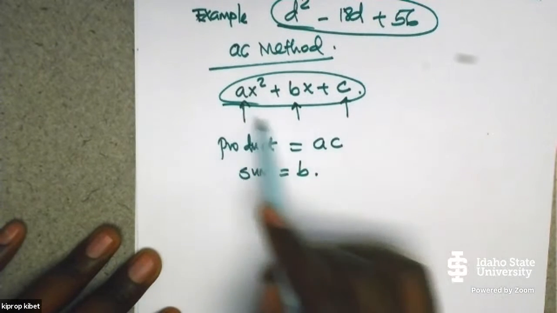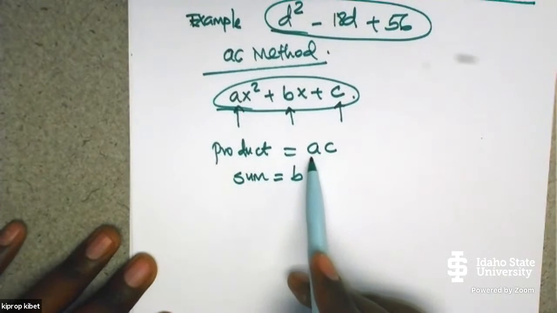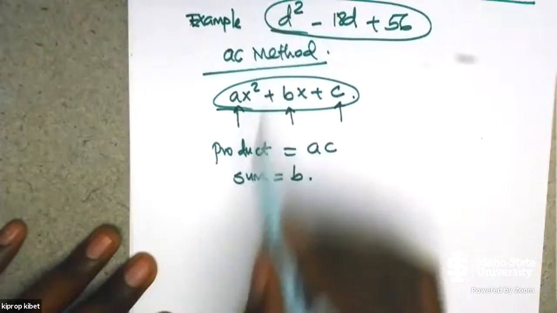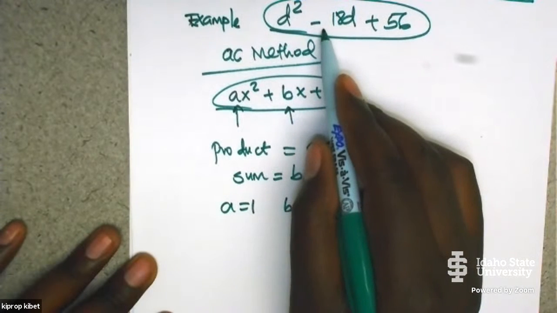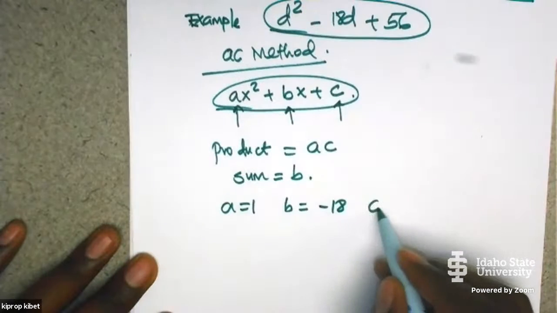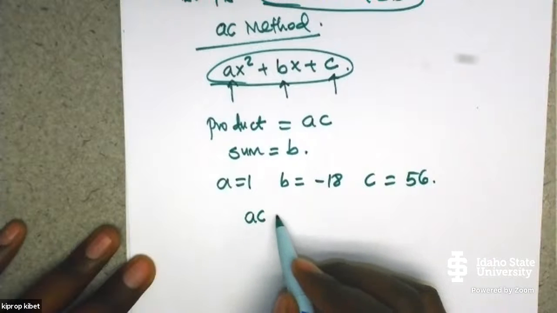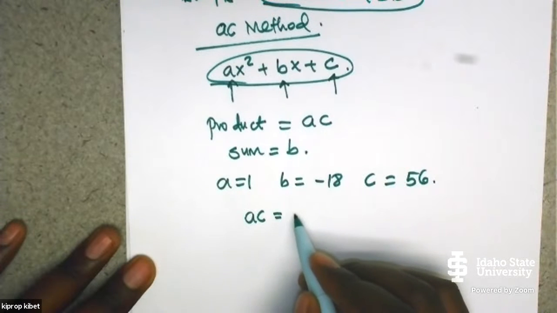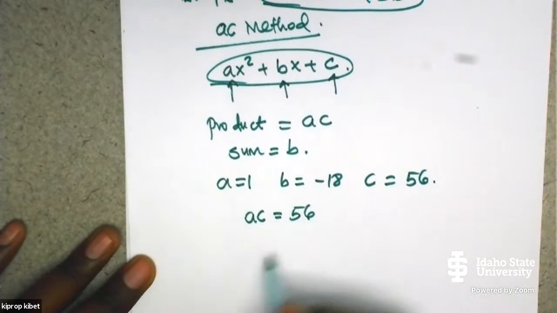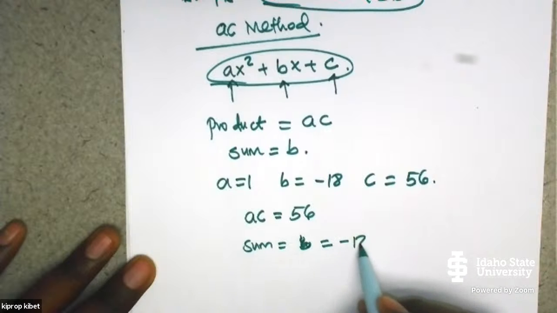As long as it is in this form, when we want to factor it, we look for two numbers in which the product is AC. Our a here is 1, our b is negative 18, and our c is 56. So AC is 56, and the sum of the two numbers equals B, which is minus 18.